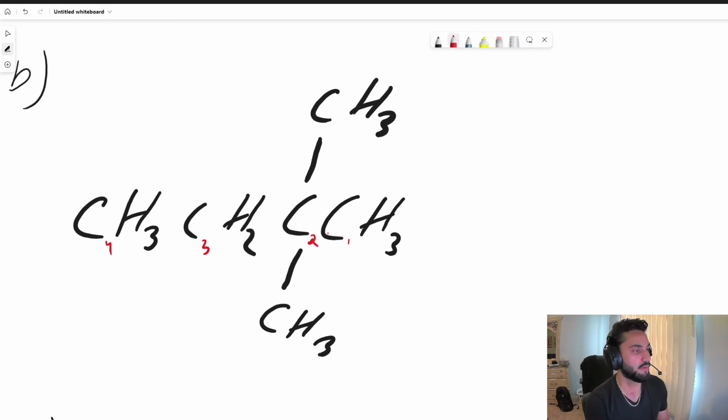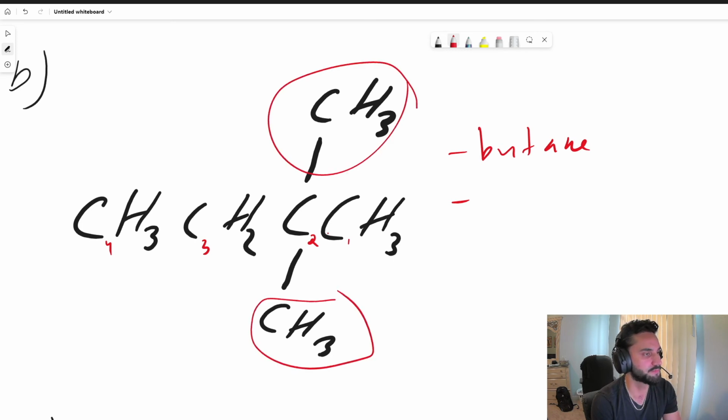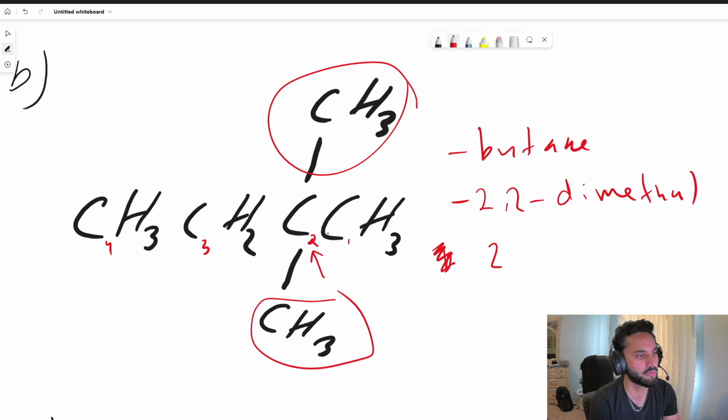Four carbons is a butane, and we have 2 methyl groups on carbon number 2. Going from right to left gets the lowest substituent number compared to going from left to right. So we have a dimethyl group on carbon number 2, and I would name it 2,2-dimethyl butane.